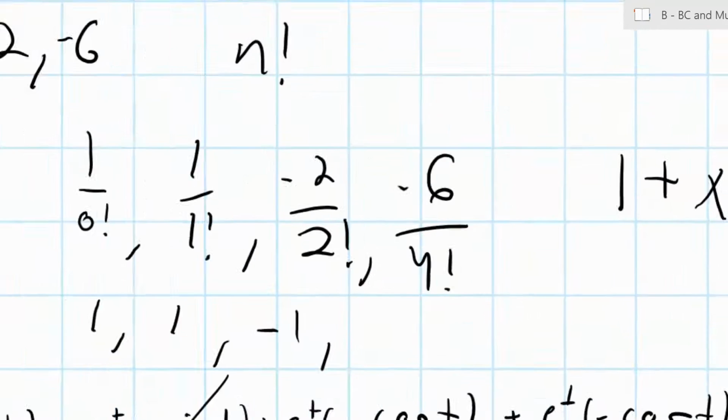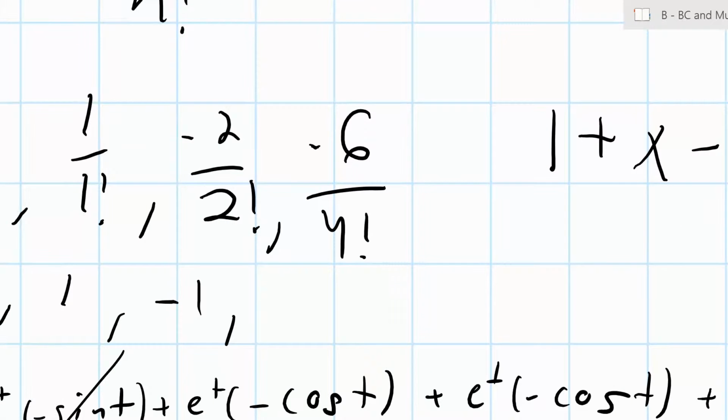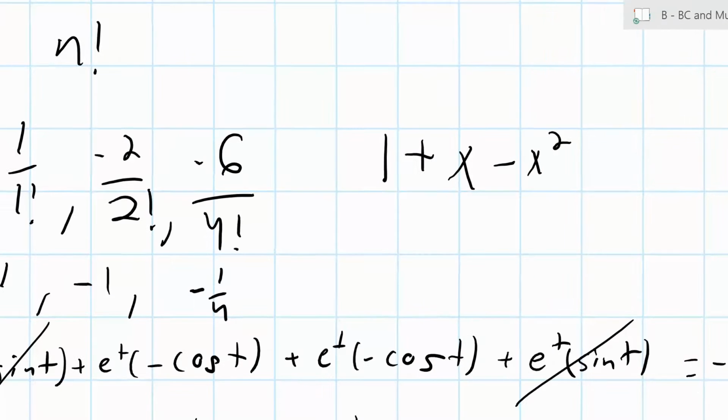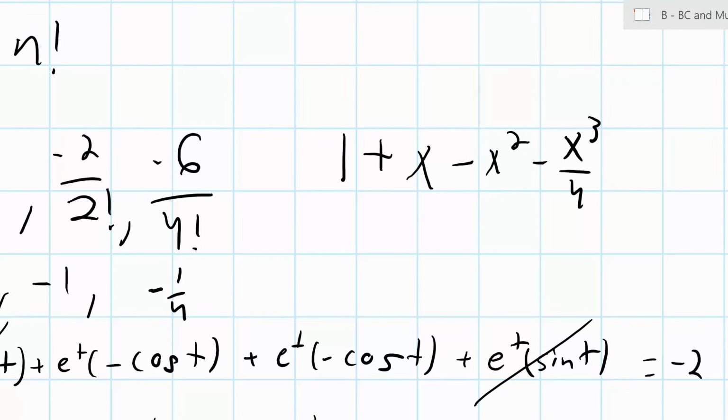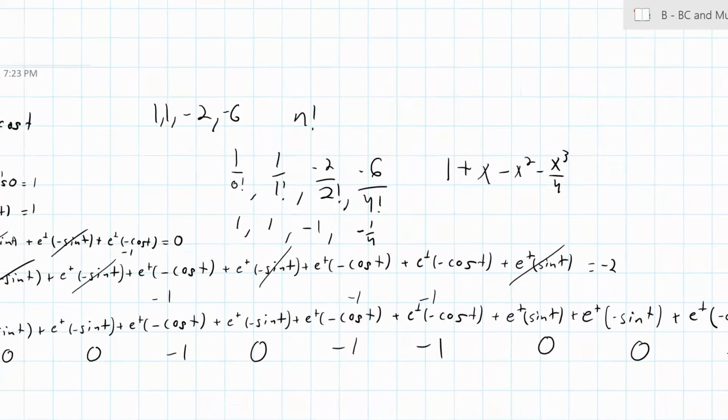I don't know what I was doing. So this is equal to negative 1 over 4, so it's 1 plus x minus x squared minus x cubed over 4. And that is the first 4 non-zero terms.